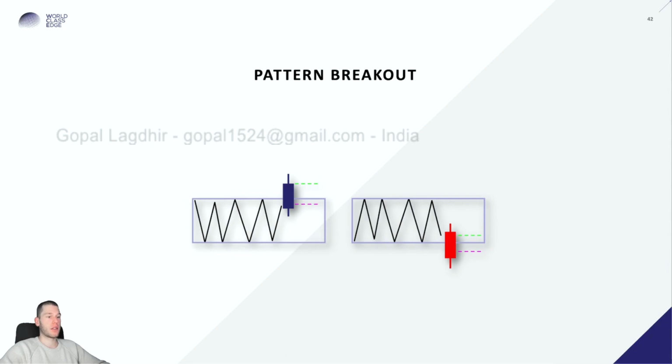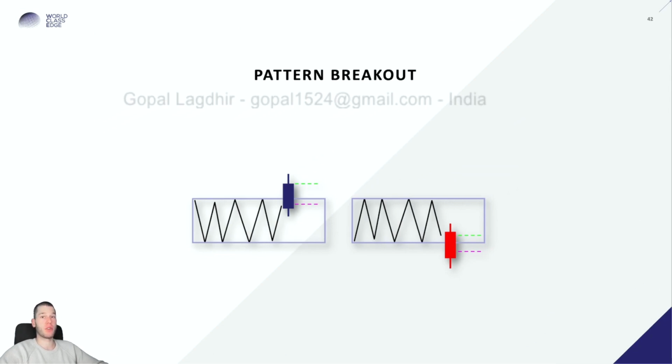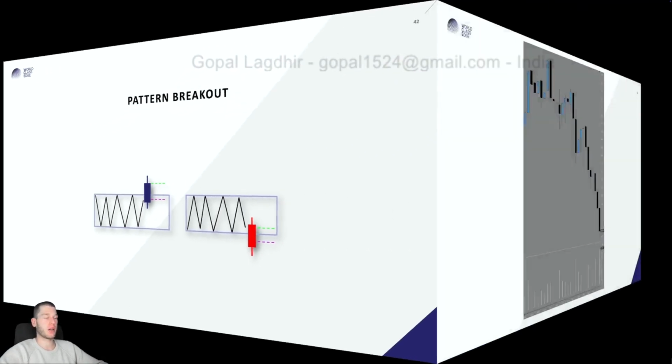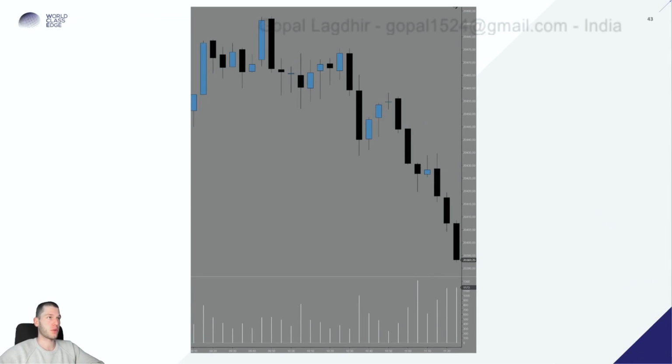Furthermore, there are pattern breakouts. So if you have ranges, you just have basic breakout patterns. Let us create some ranges. So we have 2 lower closes. We have 1 lower close, 2 lower closes.